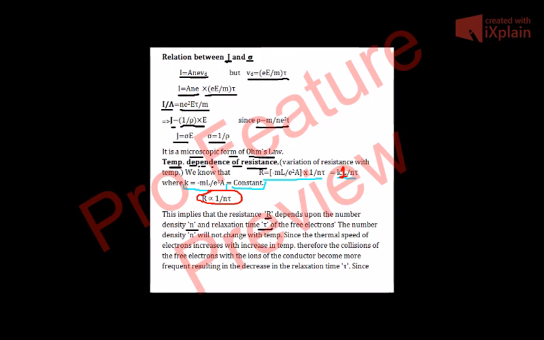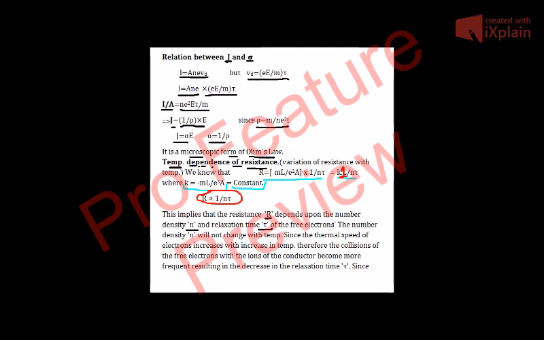Number density means the number of electrons per cubic meter of a conductor, and its average is 10 raised to power 29. Tau is the relaxation time, the time between two successive collisions, which is of the order of 10 raised to minus 14 second.